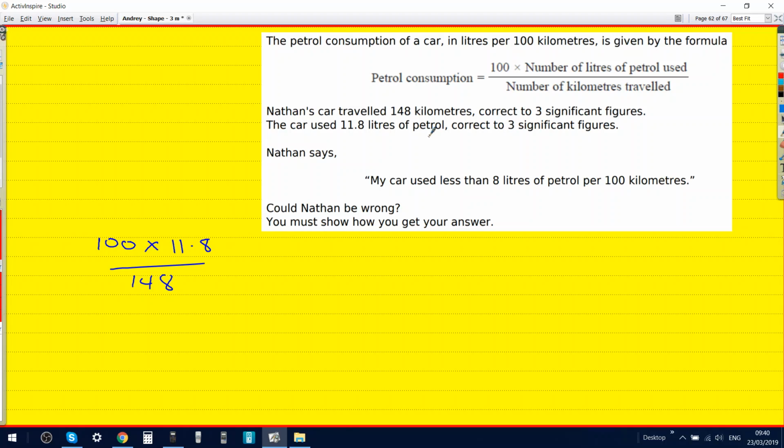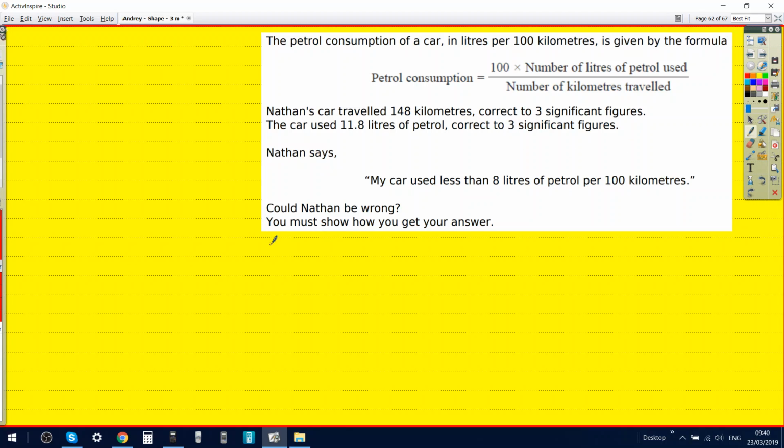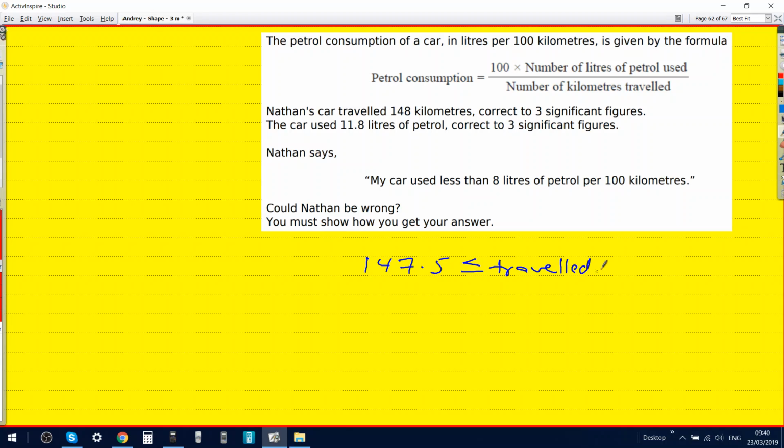And so what could it potentially have been, that 148? Could have been 147.5, or 148.4 or 5. It was one of the two. 148.5 kilometers. Okay, and then how about the other one?